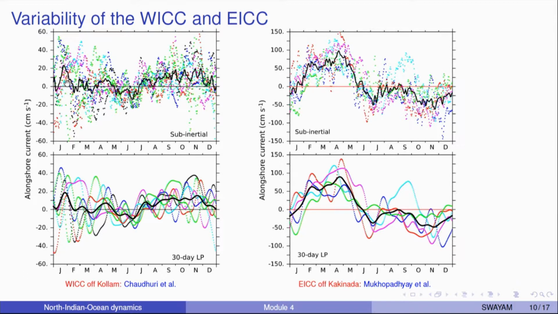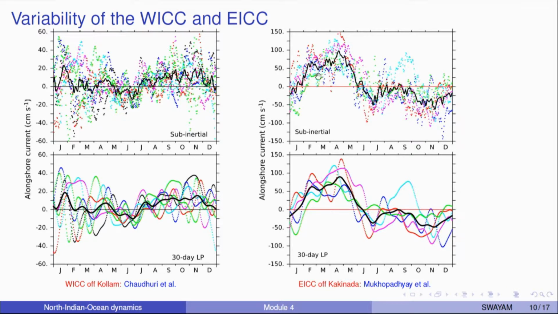What's plotted here in the black curve is the daily mean West India Coastal Current, and here the daily mean East India Coastal Current. The colored dots show you the magnitude and direction of the current for each year. A particular color is for a particular year, and positive currents imply poleward flow, negative currents imply equatorward flow.